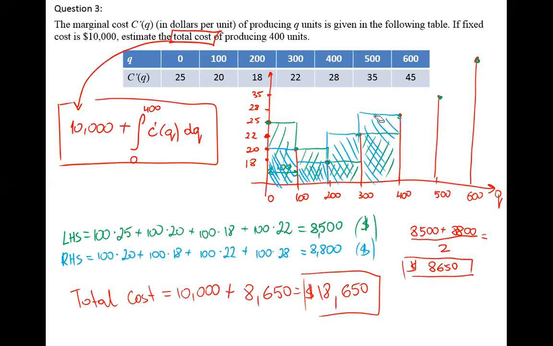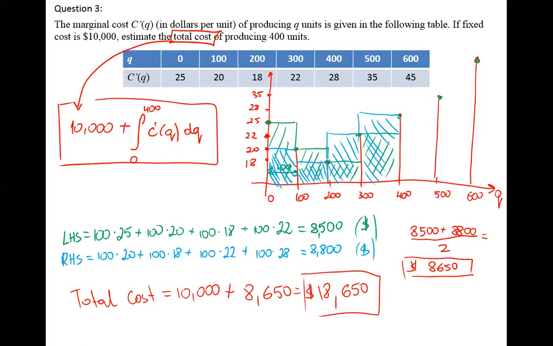Maybe you can tell me something because I'm not asking many questions. Let's use the blue rectangles and then the green rectangles, and we will add them together, divide by 2, we'll take the average. Okay, that means the blue rectangles will give me the area 100 times 22, 100 times 28.